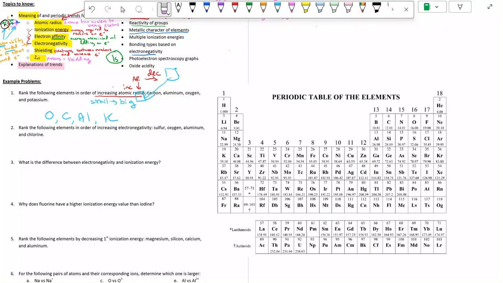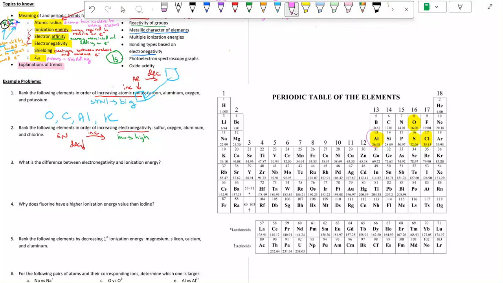All right, question 2 says to rank the following elements in order of increasing electronegativity. So we need to know the trend. Electronegativity increases across and decreases down. So everything is that pattern except for atomic radius there. And so increasing electronegativity means we're going from low to high or small to big like we just did. Okay, and so if we find sulfur, oxygen, aluminum, and chlorine, okay, this may be a little tough to start with, but we're going from lowest to highest.